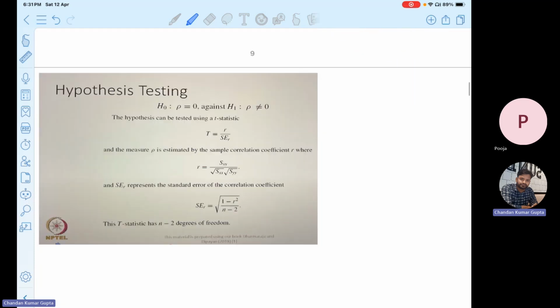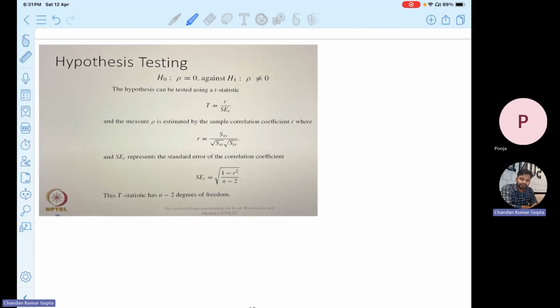Then the next topic is hypothesis testing of the correlation coefficients. We first construct the null and the alternate hypothesis.